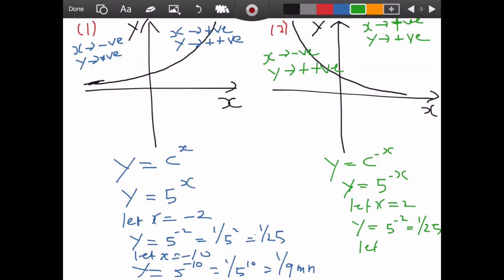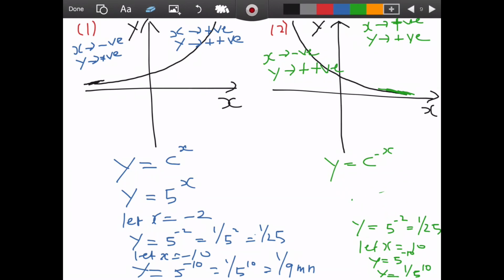When x equals 10, y equals 5 power of minus 10, which is 1 over 5 power of 10, a very, very small number, 1 over 9 million. So when x is positive and increasing, y is still positive but approaching zero.